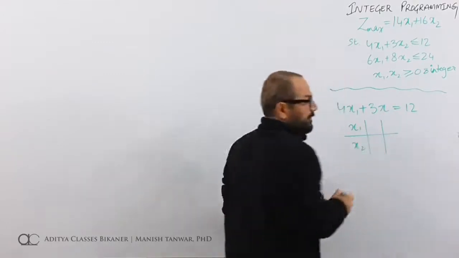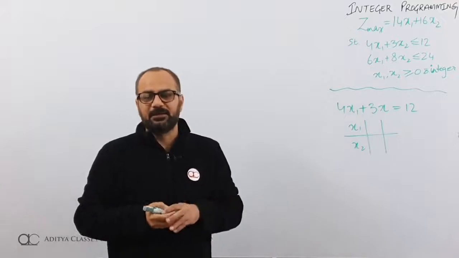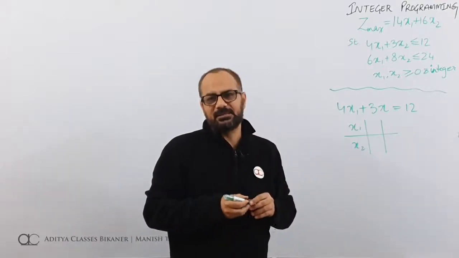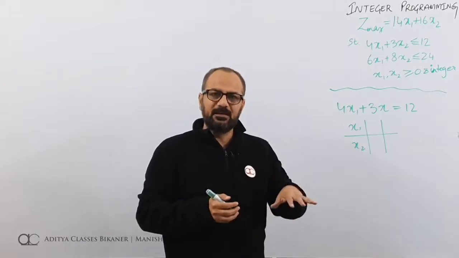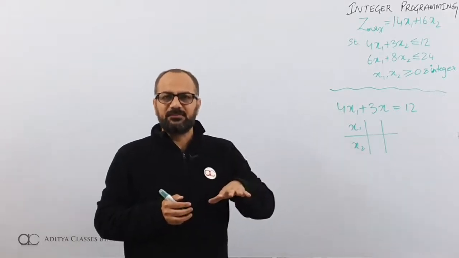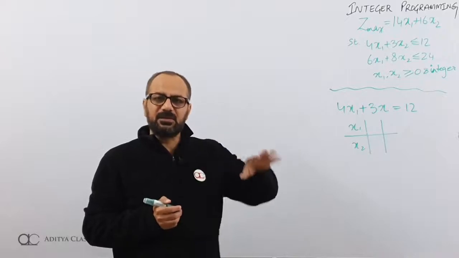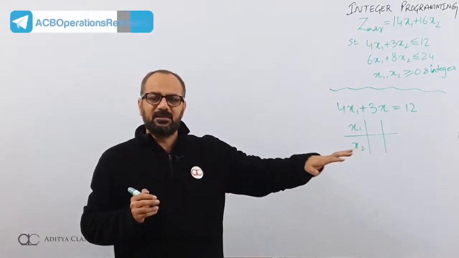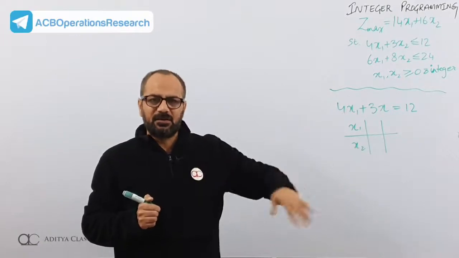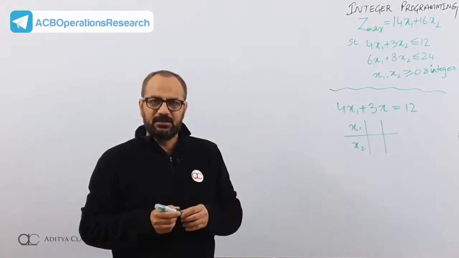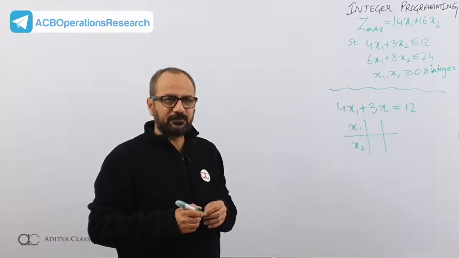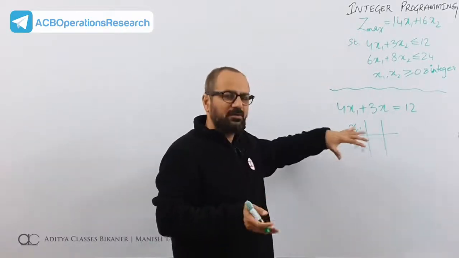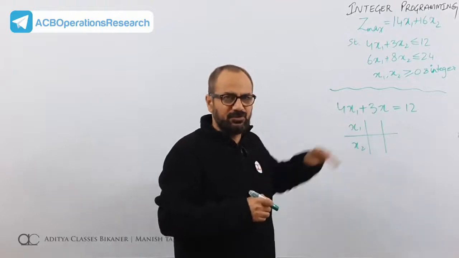Now that we are studying integer programming, I sincerely assume that you have gone through the previous lectures where we have formulated a linear problem, where we have solved a linear problem using graphical method, where we have solved a linear problem using simplex method. So I'll assume that you have that basic knowledge. If you do not have that basic knowledge, you can go through this playlist. You'll find all those videos.